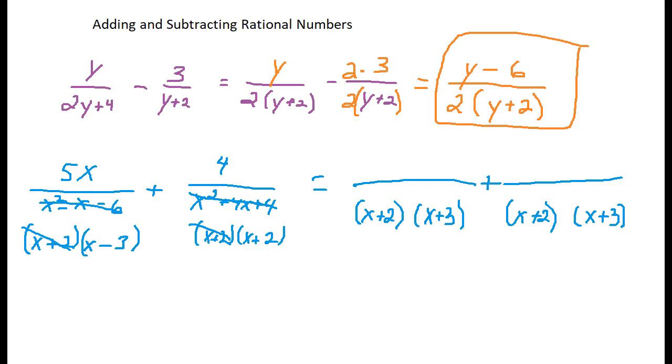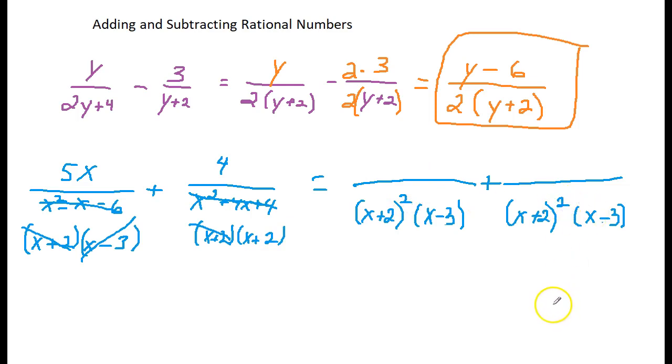Let's get ourselves a minus here. All fixed. Okay, we can now cross off our x minus 3. Now, you notice we have another x plus 2. So that means this is squared because it's times itself.